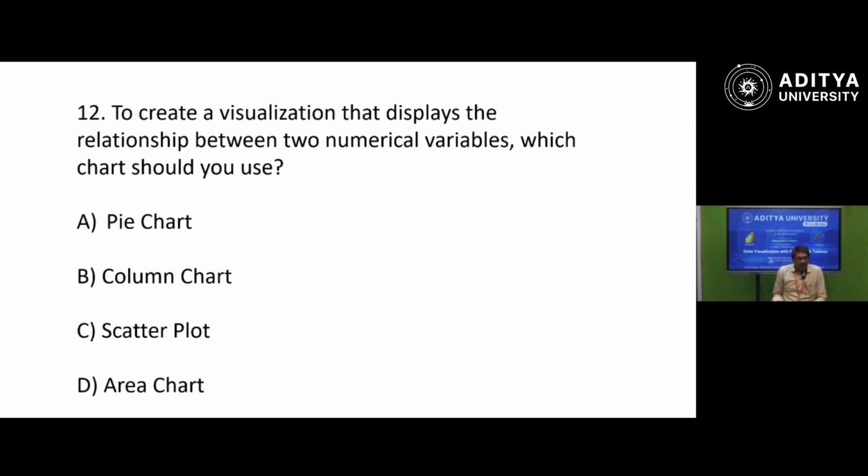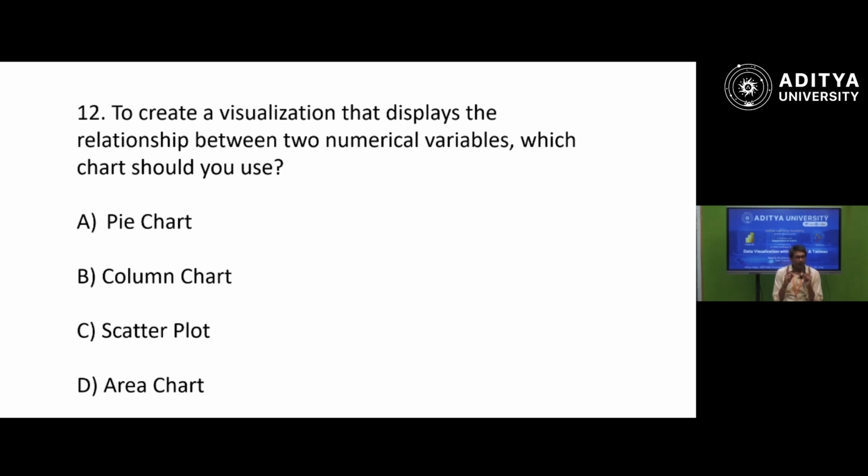Next, to create a visualization that displays the relationship between two numerical variables, which chart should you use? It is between two numerical variables. If one is categorical and one is numerical, we will be going for bar or other sorts of things.